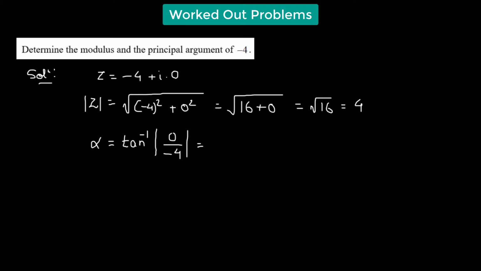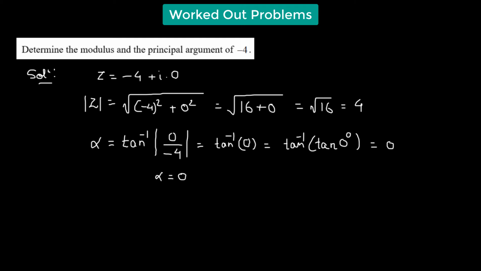And this gives us tan inverse of 0, and tan inverse of 0 is equal to tan inverse of the tangent of 0 degrees, which is equal to 0. So the value of our acute angle alpha is equal to 0.